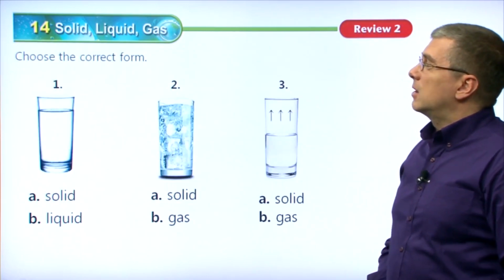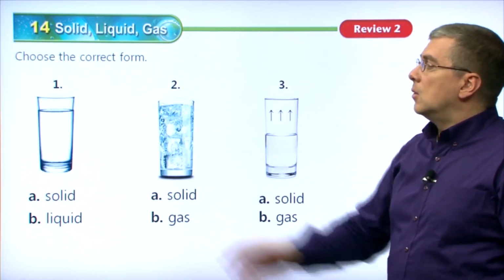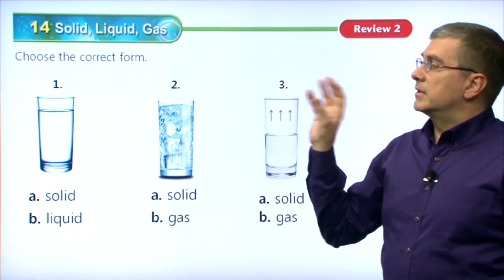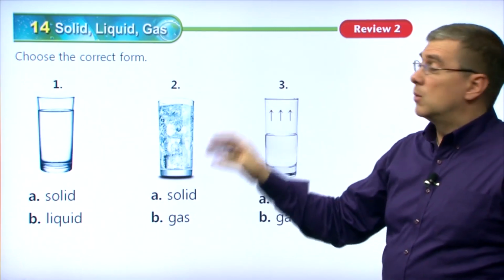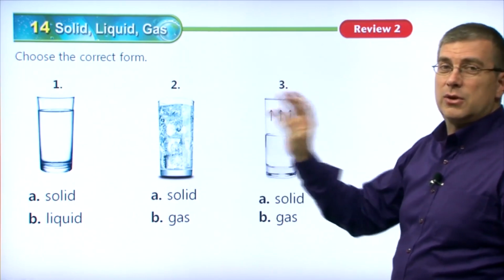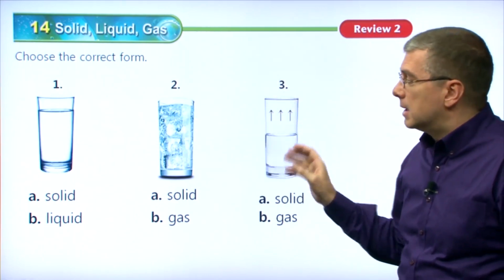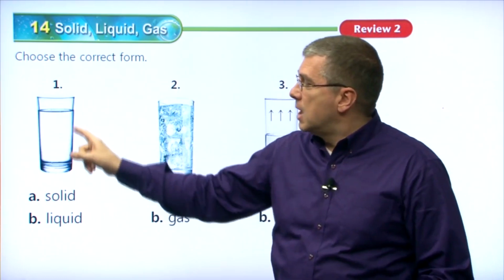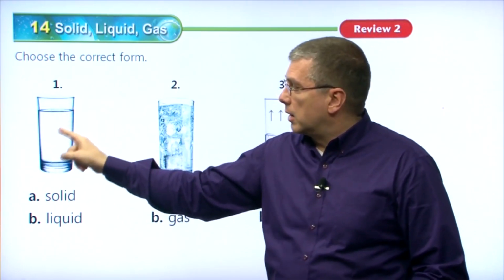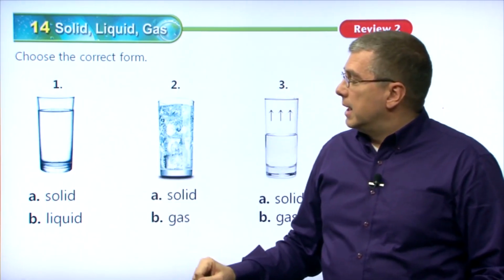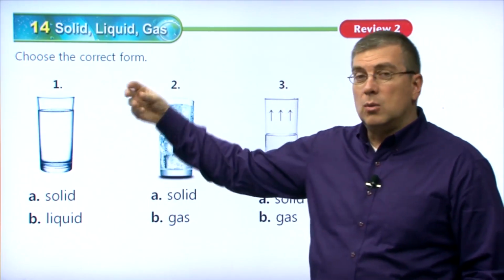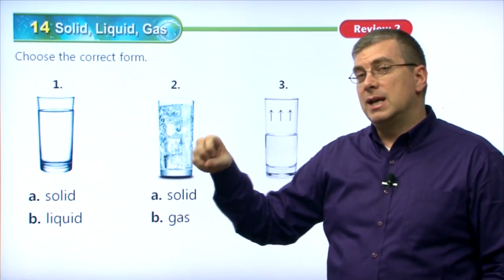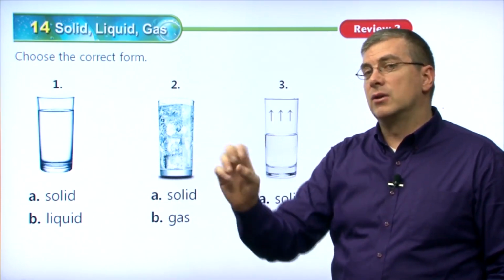Okay, now let's take a look. It's kind of like a little test here. We have 3 different pictures. These are water. We're using water as our example of matter again. We have 3 different states or 3 different forms of water. Let's talk about them. In the first picture, we have a glass of water. Now, if I take this glass of water and I pour it out, the water will flow evenly and slow out onto the ground or the table.